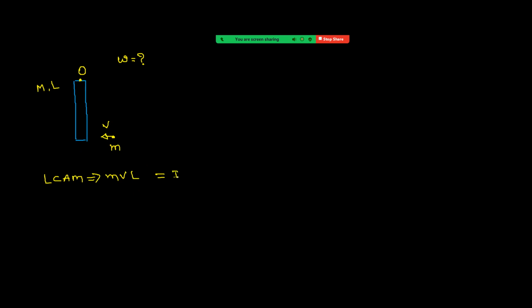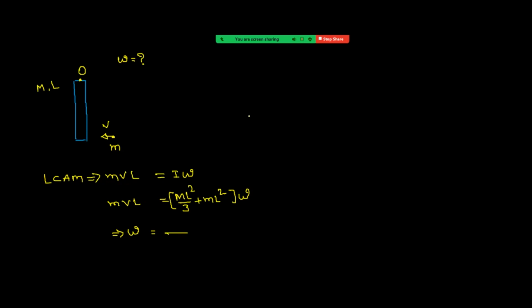The I value for the rod about one end is ML square by 3, plus for the particle mL square. This is the I value into omega. From this, we are going to get the value of omega. It is a very simple and direct one.